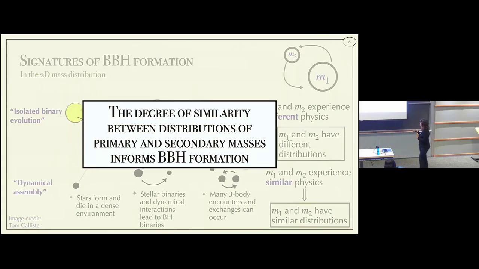I've assigned these labels to these different scenarios because I wanted something concrete, and these are things we're all familiar with here. But what we're actually sensitive to is not necessarily exactly which evolutionary processes happened, but whether or not M1 and M2 are physically or statistically meaningful labels. Has the more massive black hole undergone, on average, a different physical process than the less massive black hole? That's what we're actually probing here, although that sounded a little too abstract to put into this cartoon.